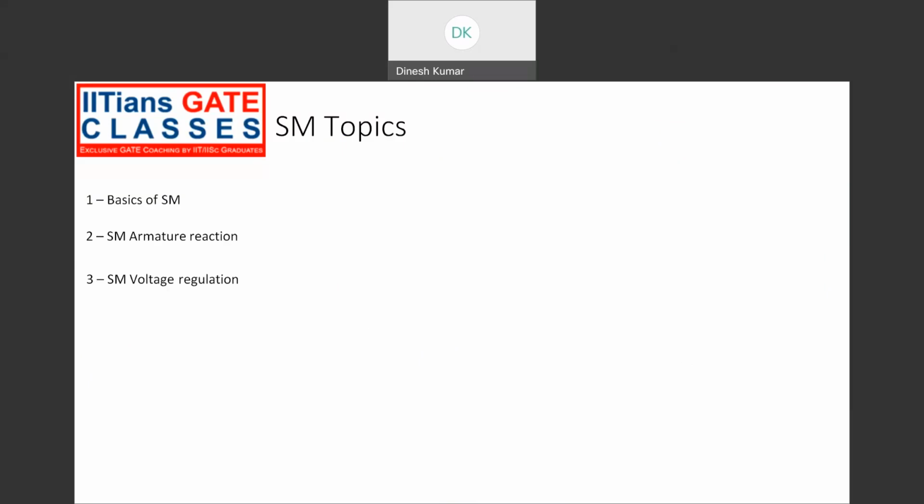Topic 3. After that, we have synchronous machine open circuit characteristics and short circuit characteristics. These are a part of the methods to determine the voltage regulations. And then we have the two reaction theory, which is used for salient pole synchronous machines. That is topic 5.